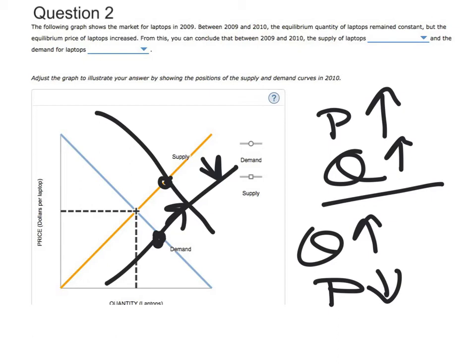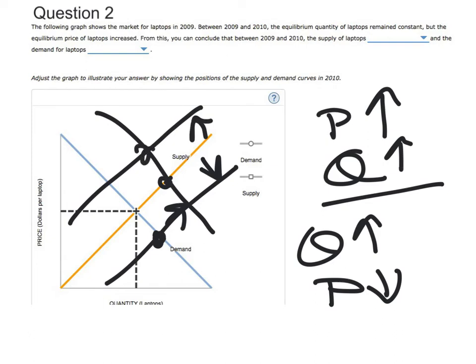Still not what we're looking for, because in this case the equilibrium quantity remained constant. So there must have been opposite effects on equilibrium quantity. Price went up. So what happened if supply had actually dropped at that same time?